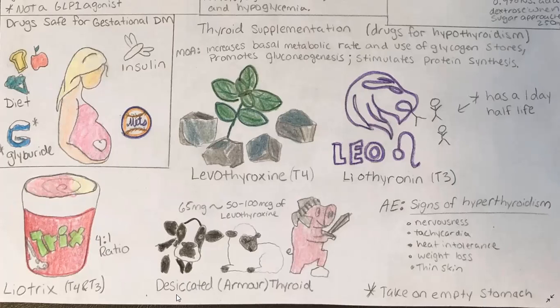Other options are called desiccated or armor thyroid. These are thyroid hormones that come from cows and sheep and pigs, and this pig is wearing armor to help you remember that it's called armor thyroid.